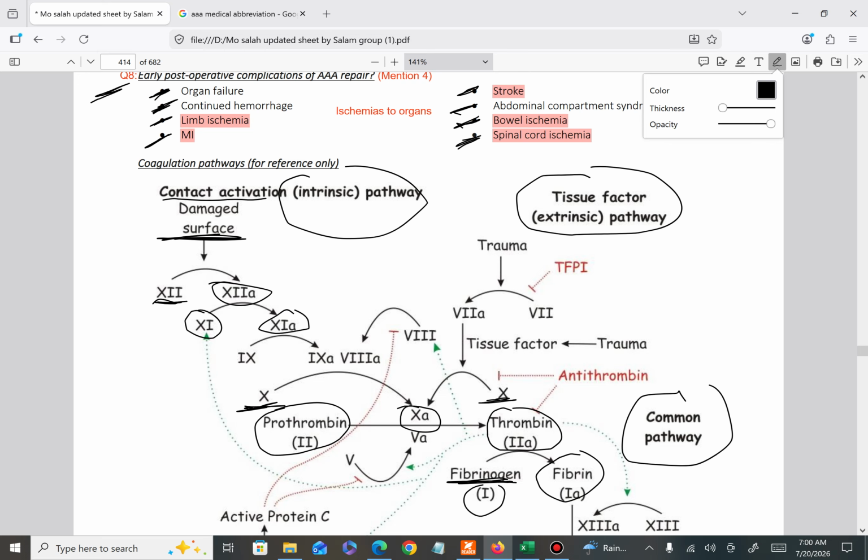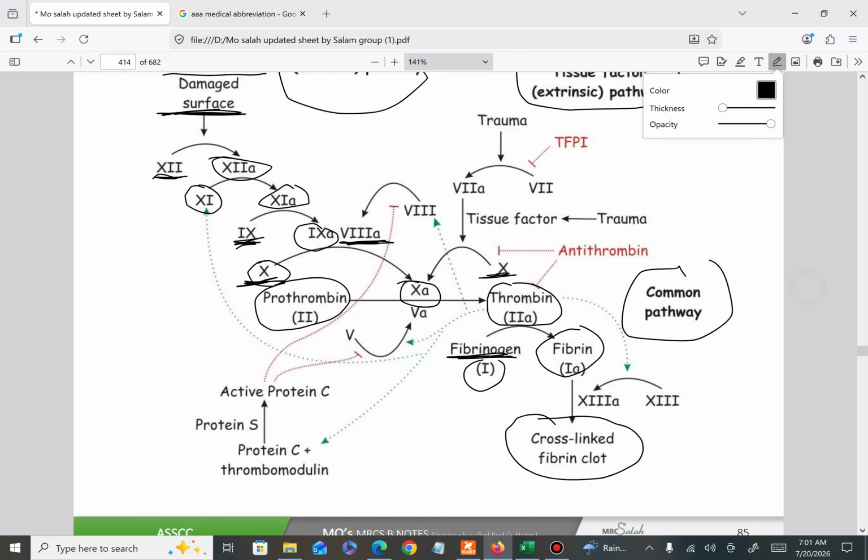This activated factor 11 converts factor 9 into activated factor 9, and then activated factor 9 in combination with activated factor 8 converts factor 10 into activated factor 10, and then the common pathway will start.